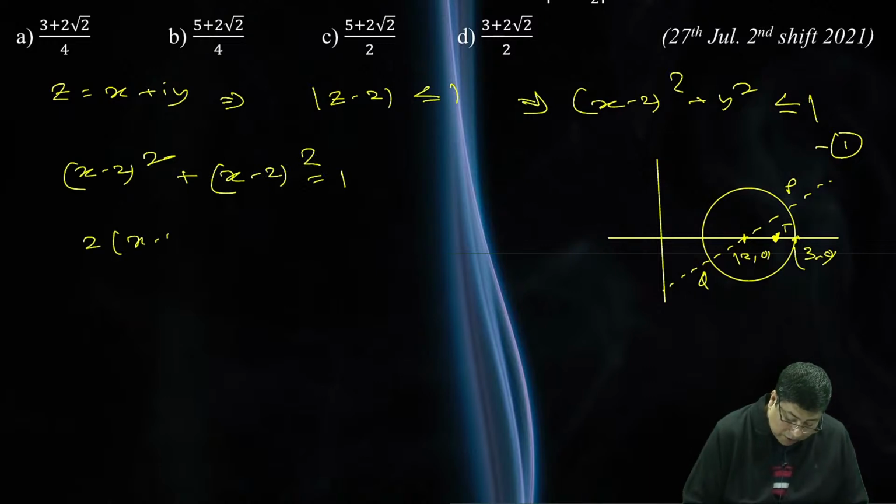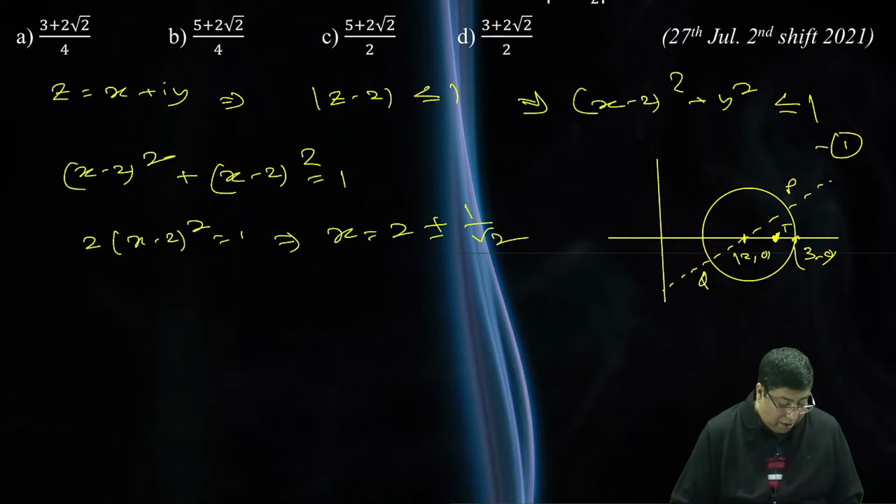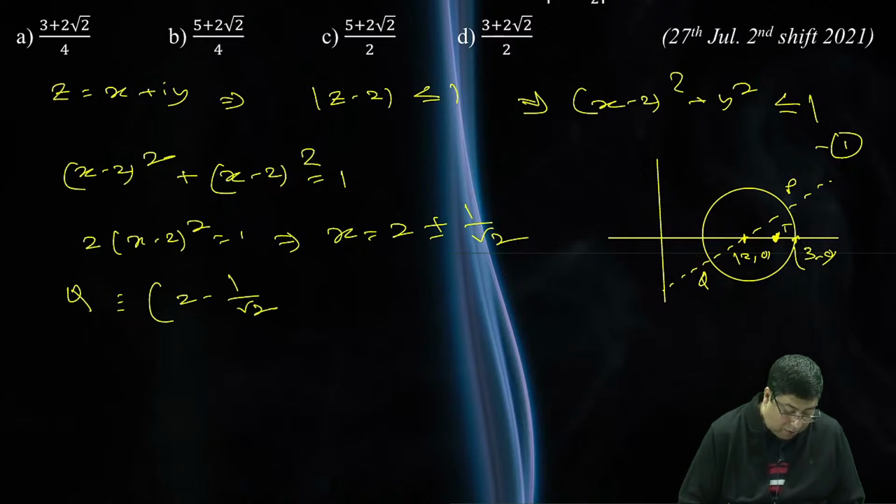Therefore, 2 into x minus 2 whole square equal to 1, x equal to 2 plus minus 1 by root 2. Okay? But our target is the Q point. Q point is what, everybody? Q point is 2 minus 1 by root 2, and if we put 2 minus 1 by root 2 in the equation y equal to x minus 2, we are getting y is coming what?